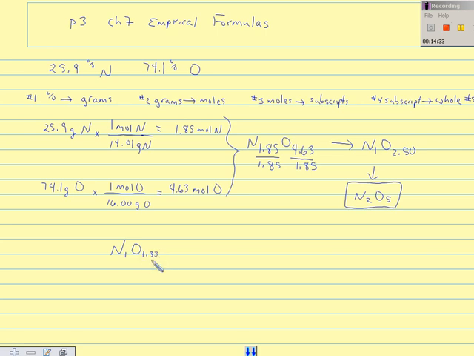So what can you multiply 1.33 by and get a whole number? Well, 0.33 is very close to a third. So if we multiply both of these by 3, our new empirical formula would be N3O4.